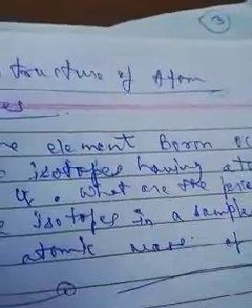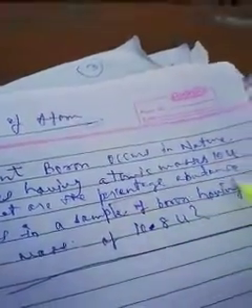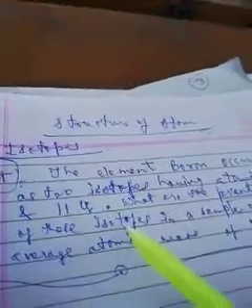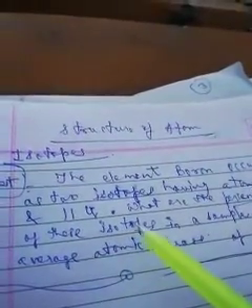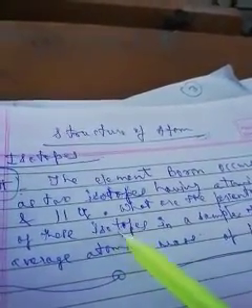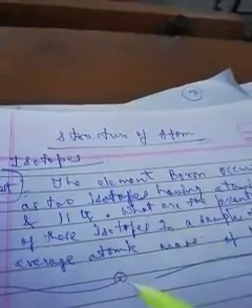The average atomic mass is 10.8 U, but the two isotopes have masses 10 U and 11 U. So what we have to find is the percentage abundance, or composition. Maybe out of 100%, one isotope is 60% and another 40%, or 30 and 70. You have to find this percentage.